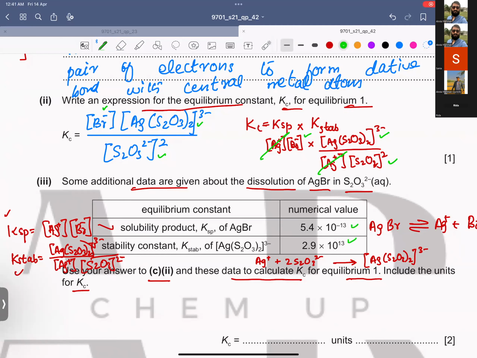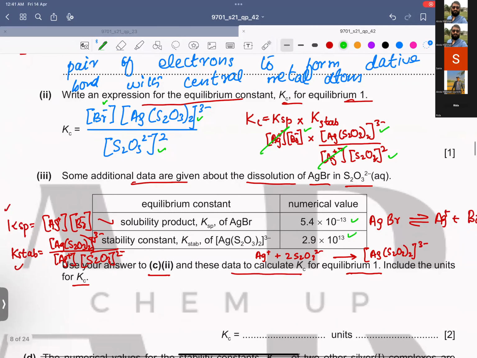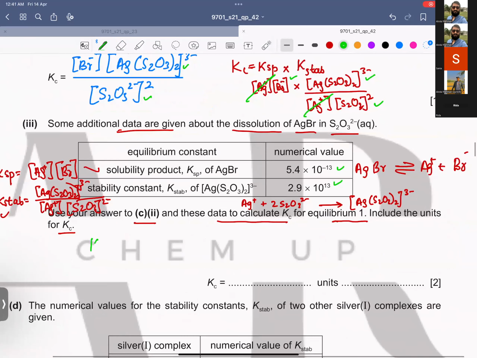So I would first show what Kc is: Kc is equal to Ksp times Kstab, and Ksp is 5.4 times 10 to the minus 13, multiplied by Kstab, which is 2.9 times 10 to the 13. Can anybody solve it and tell me the answer?